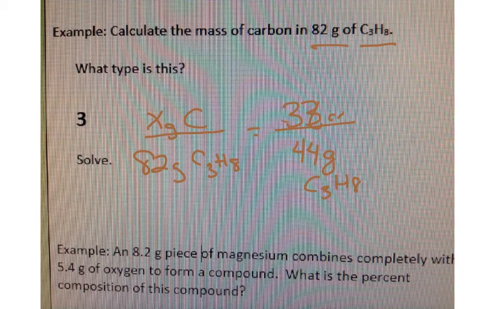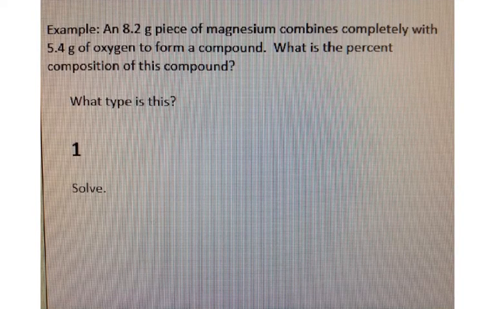There are 36 grams of carbon in 44 grams of C3H8. So that proportionally would be the same as X grams of carbon in 82 grams of C3H8. So when you cross multiply these, you get 67.1 grams, or rounded to the correct number of sig figs, 67 grams of carbon in 82 grams of C3H8.